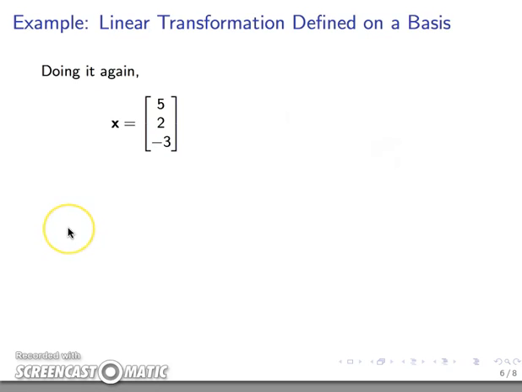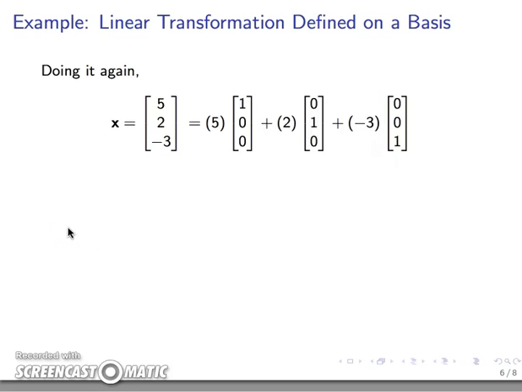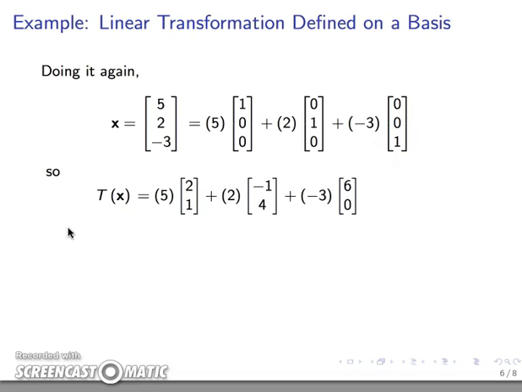So what happens if we now try some other vector, which we express as a linear combination of the standard unit vectors, and we want to calculate the image of this arbitrary vector, in this case called x. So T of x becomes this linear combination: 5 times vector (2, 1), 2 times vector (minus 1, 4), and then minus 3 times vector (6, 0), and then we add them up and get this result.